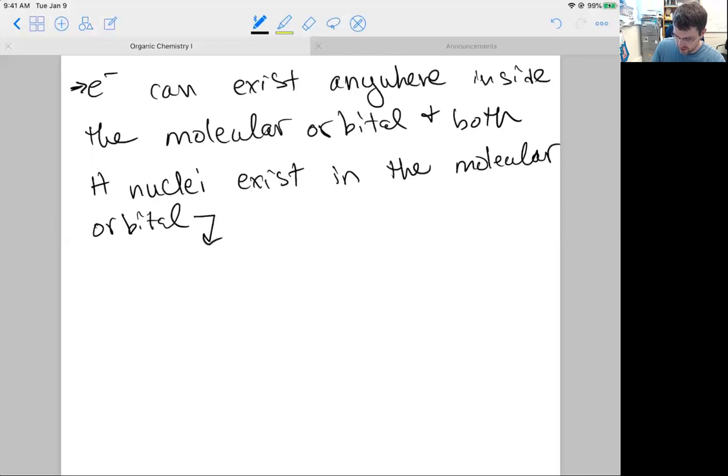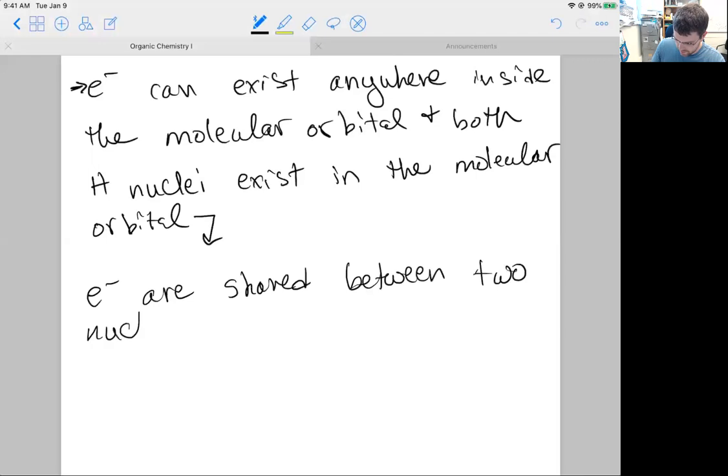That means the atoms, excuse me, let's phrase it this way. The electrons are shared then between the two nuclei.